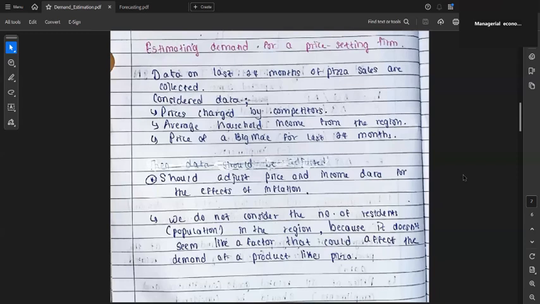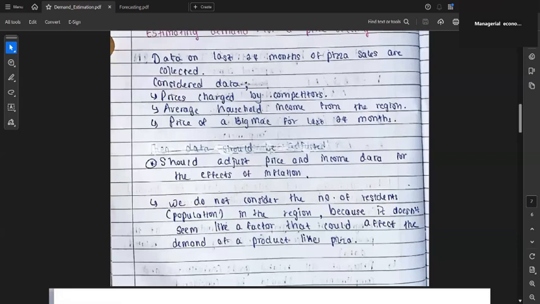Likewise, for a product like pizza, we can take changes for a year or a month, because usually pizza demand does not change according to season. But if you assume there are seasonal changes, you can take demand changes for a season.